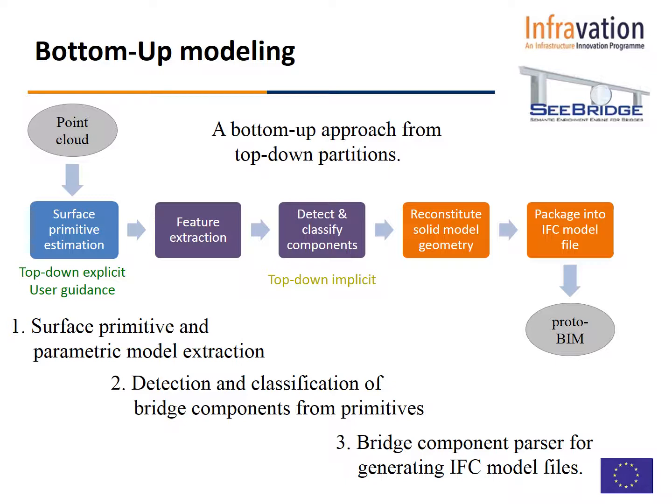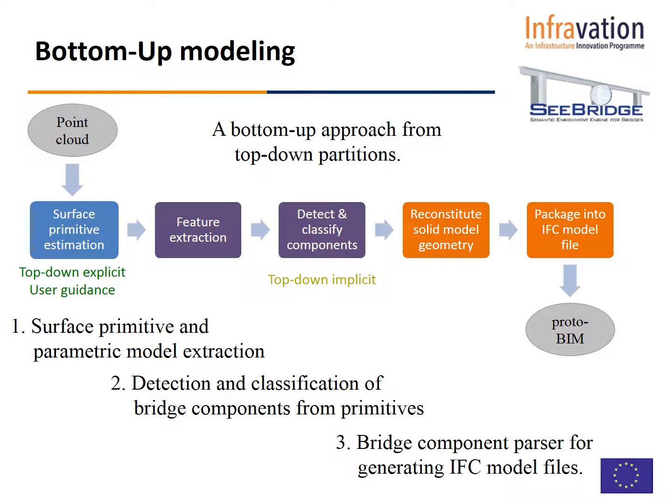Here what this block diagram shows is that we've broken the bottom-up modeling into three different sub-processes. One is what we call surface primitive estimation. You can think of this as building a small chunk of a puzzle. Then the next part is going to be detection and classification of components.